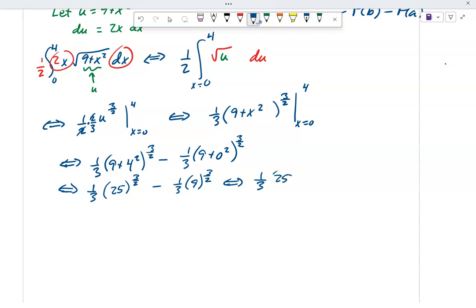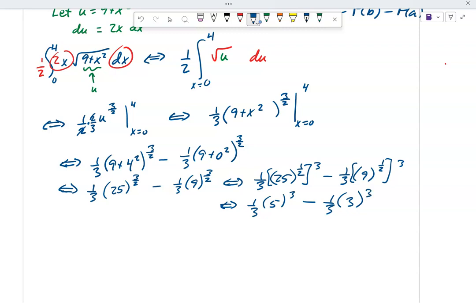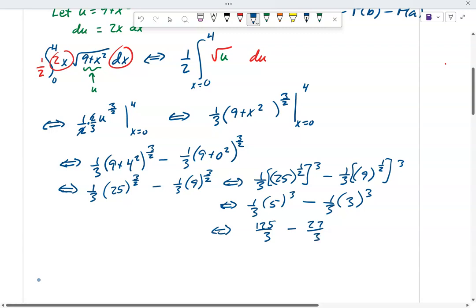This is like 25 to the half to the 1/3, right? That's 3/2. In other words, the square root of 25 to the 1/3. Same thing with this one. So 5 to the 1/3. Square root of 9 is 3 to the 1/3. So we've got 25 thirds minus 3 times 3 times 2, 27 thirds. So it looks like this ends up being 98 thirds.